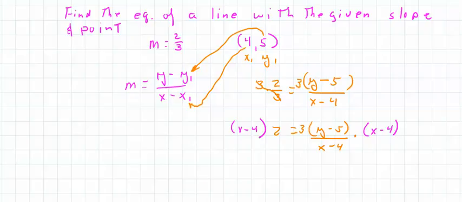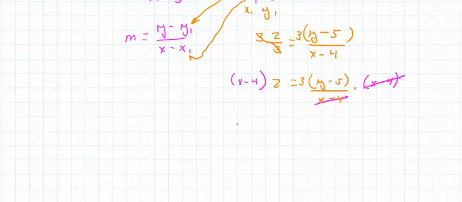These cancel, and I end up with 2x minus 8 equals 3y minus 15. I'm going to make you redo the work if you put the times 3 down here. It's not acceptable. I'm not going to let you do that. I've written it many, many times. We have to write this properly.